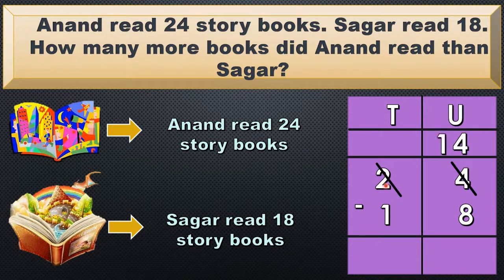Now, here only one is remaining. Now, first subtract the units place. 14 subtract 8 is equal to 6. Now tens place, 1 subtract 1 is equal to 0.